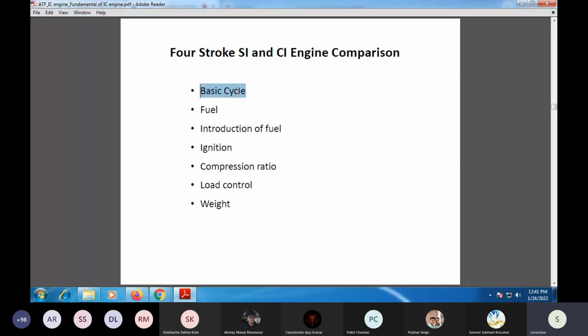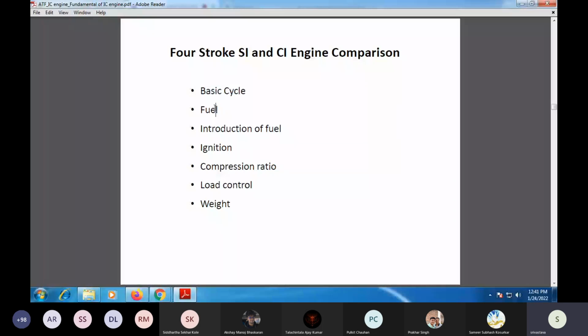So based on the cycle itself, you can differentiate the 4-stroke spark ignition engine and the 4-stroke compression ignition engine. SI engine is based on the Otto cycle, a CI engine is based on the diesel cycle. That is the very basic difference that you can say.